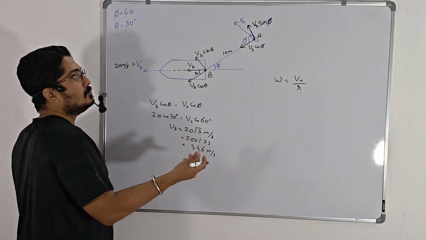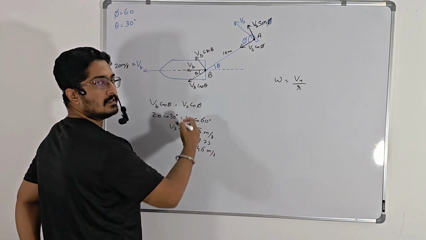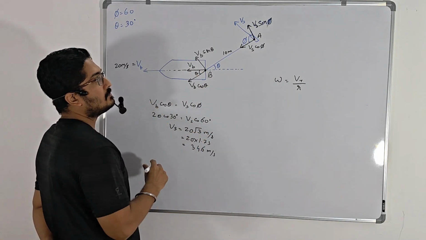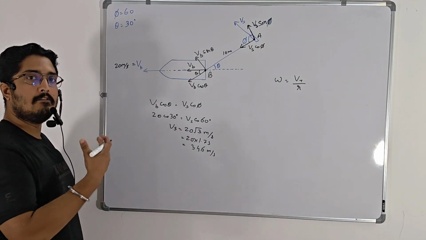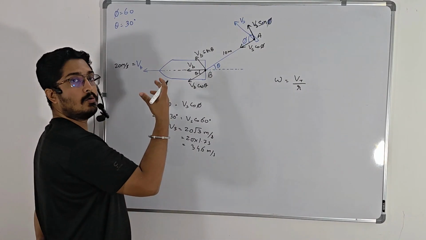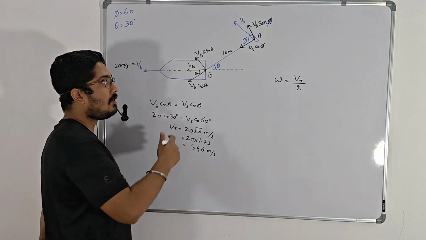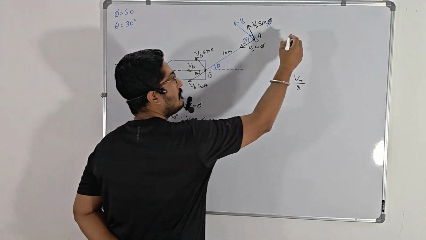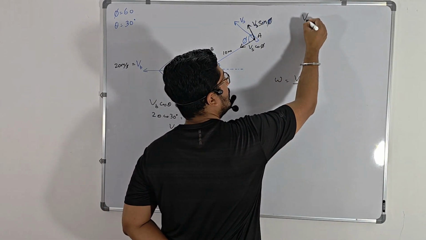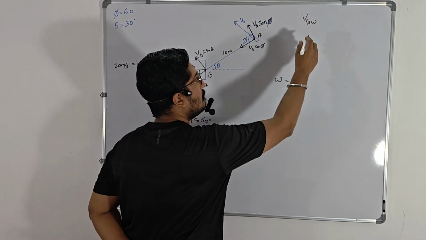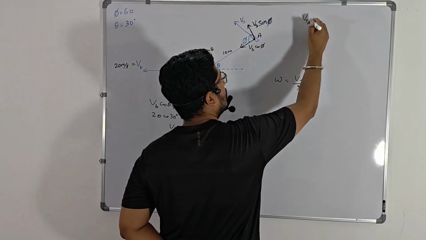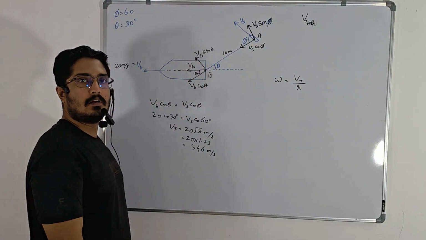So if I assume to be an observer standing at this point, if I look at this rope, then what is the relative velocity of the rope tangentially? What can you say as the velocity tangential at A with respect to B?